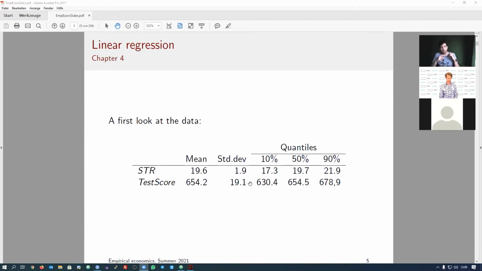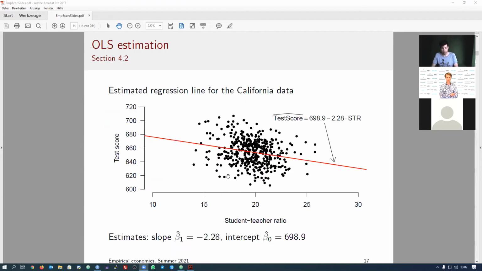So our model has an error in the same magnitude as the standard deviation of our test score. So again, that hints at the fact that the model that we have estimated cannot explain very much, and the relationship between class size and test score doesn't seem to be that strong.